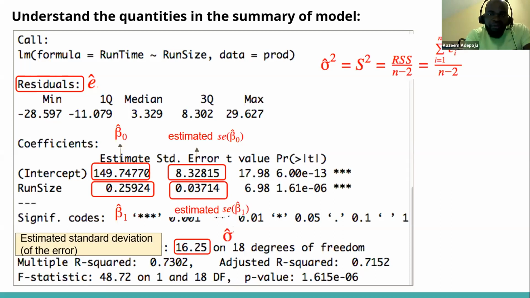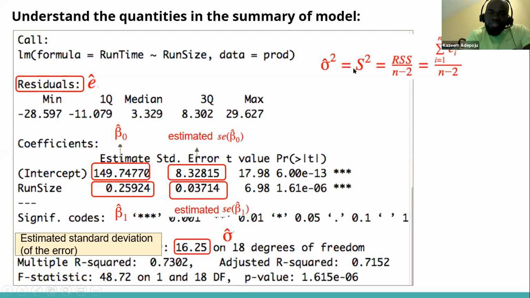Now, do you know another thing? If we want to use a formula to figure out sigma, this one right here, you can actually start from here. You can first find the sigma squared. How can I find the sigma squared? We can use this notation.